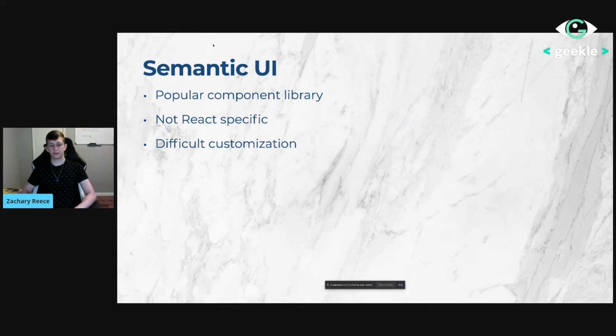Okay, so lastly, although there are plenty of other similar libraries that do similar things to all the ones I've described, Semantic UI is another popular component library. Again, it's not React specific, but it does have a React variant. So again, they took the original Semantic UI and rebuilt it for React.